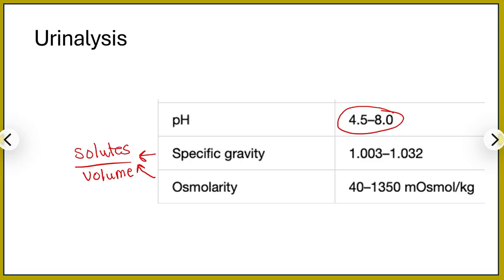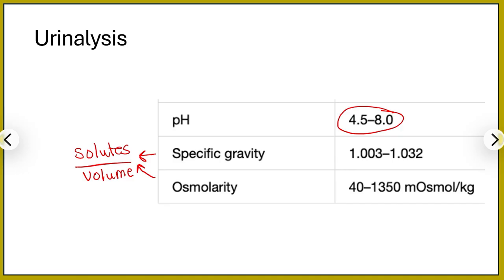The specific gravity is going to be less specific, or less exact than osmolarity, but it's going to be easier to measure. So specific gravity is less accurate, but easier to measure, while osmolarity is going to be harder to measure, but will give you a greater idea.